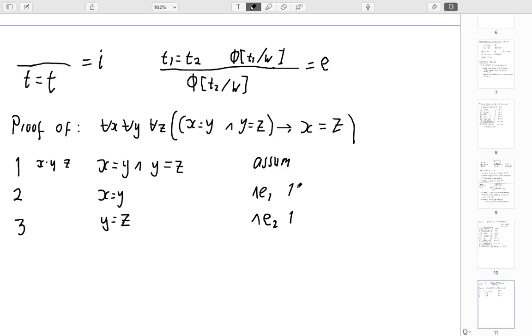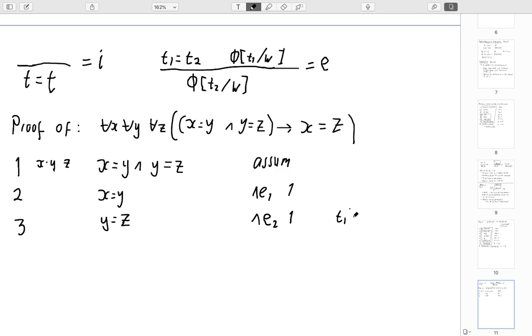And here we've got, this is going to be t1 equals t2, so I'm just going to put some annotation here. It's not really part of the proof, it's just the work we're doing behind the scenes to check that we're applying the rule.